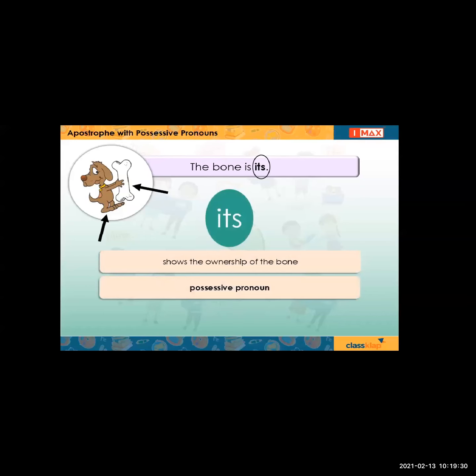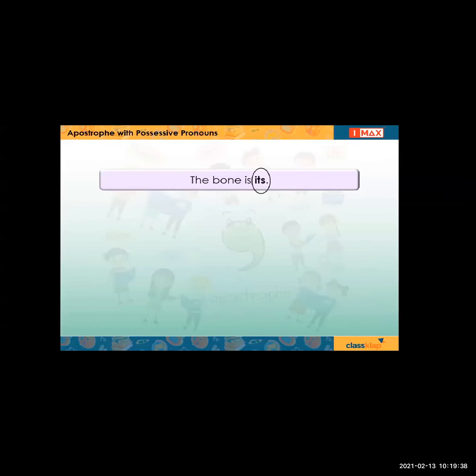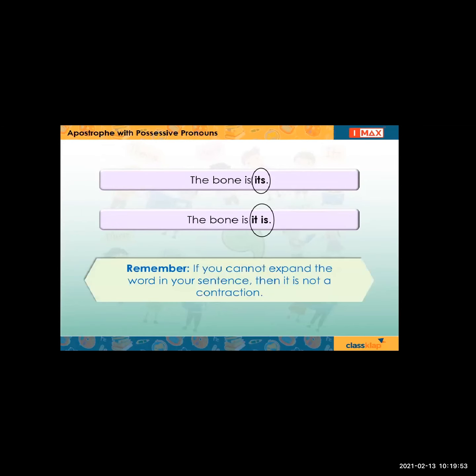Doubt that maybe it is a contraction. Let's try expanding the word its. The bone is its becomes the bone is it is. Does it make sense? It does not. So, if you expand the word in your sentence and it does not make sense, then it is not a contraction.